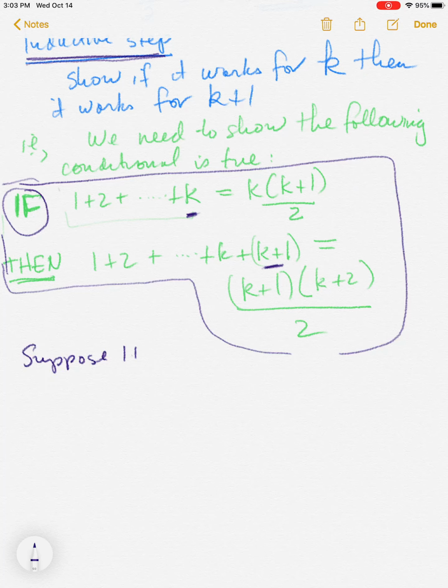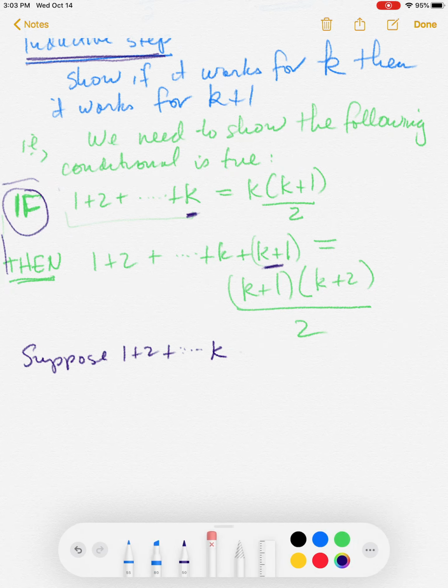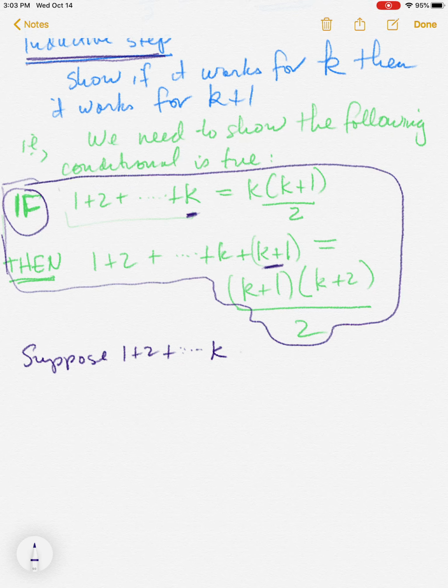So suppose that 1 plus 2 plus up to k equals k times k plus 1 over 2.